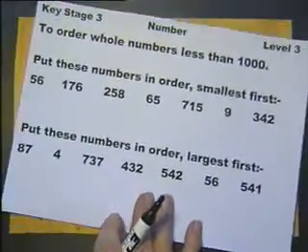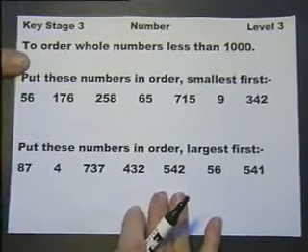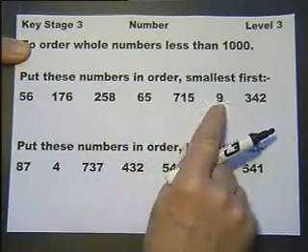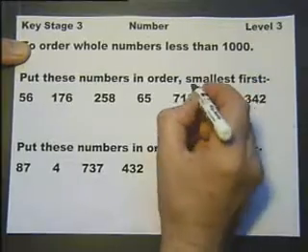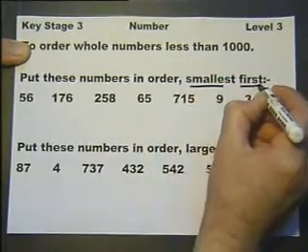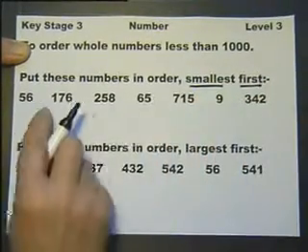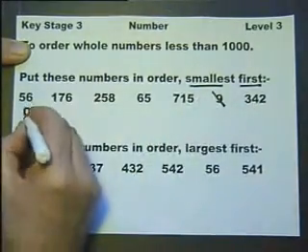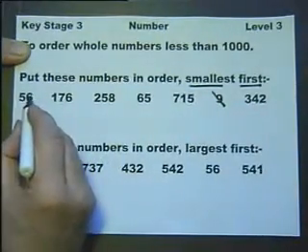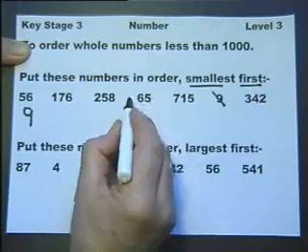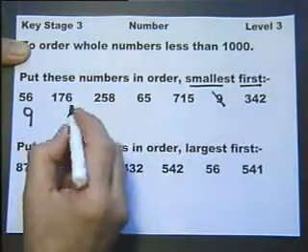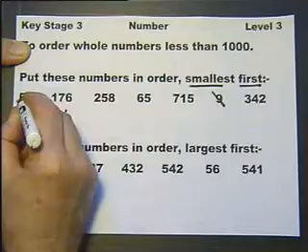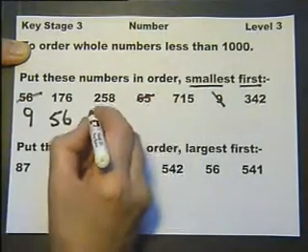Ordering numbers which are less than 1,000. So all these numbers are less than 1,000. We have to put them in order, putting the smallest one first. So let's look for the smallest number, 9. We've got 56 and 65 that are between 10 and 100, but 56 is the smaller, and then 65.